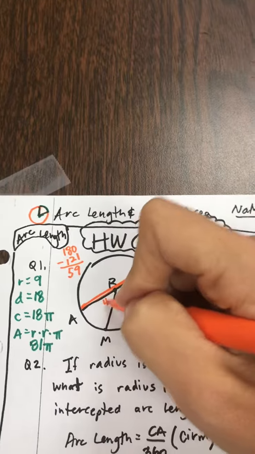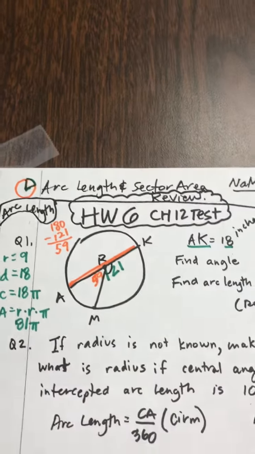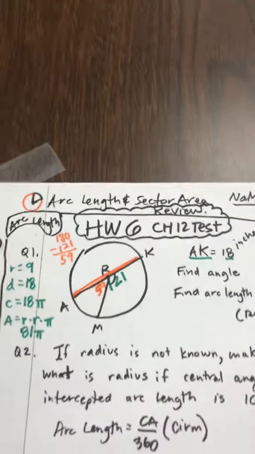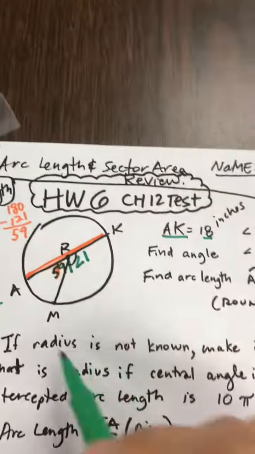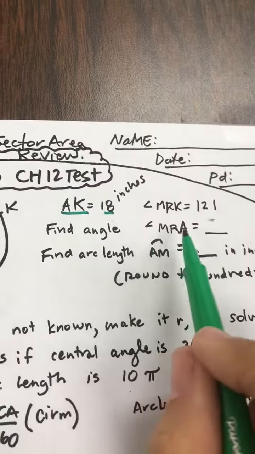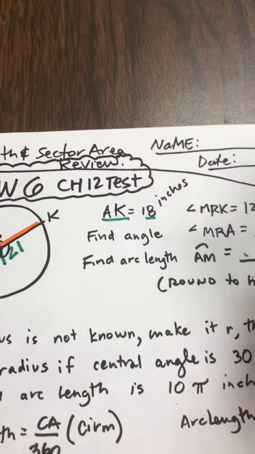Okay, so that angle has to be 59, because these two angles have to add up to 180. And so the measure of MRA has to be 59.